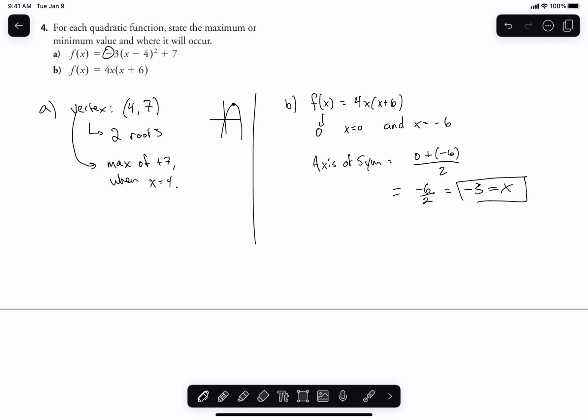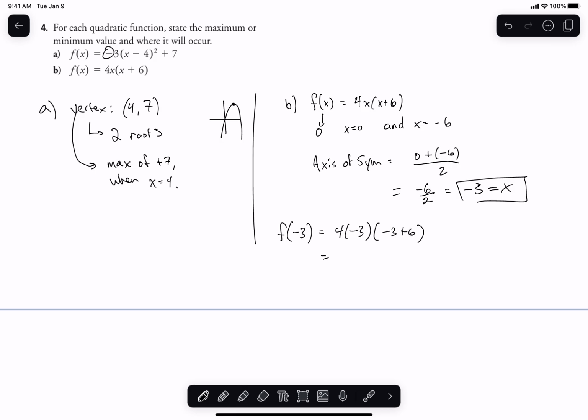So I know the x portion of my vertex. Just like any other point on a graph, I need to find the y that corresponds with it. So what I'm going to do is evaluate f of negative 3, which is going to equal 4 times negative 3 multiplied by negative 3 plus 6.